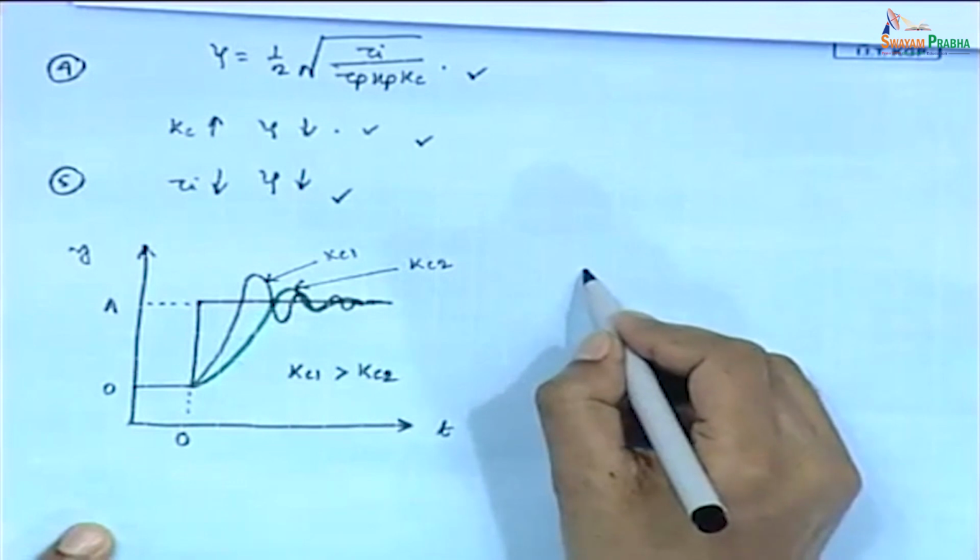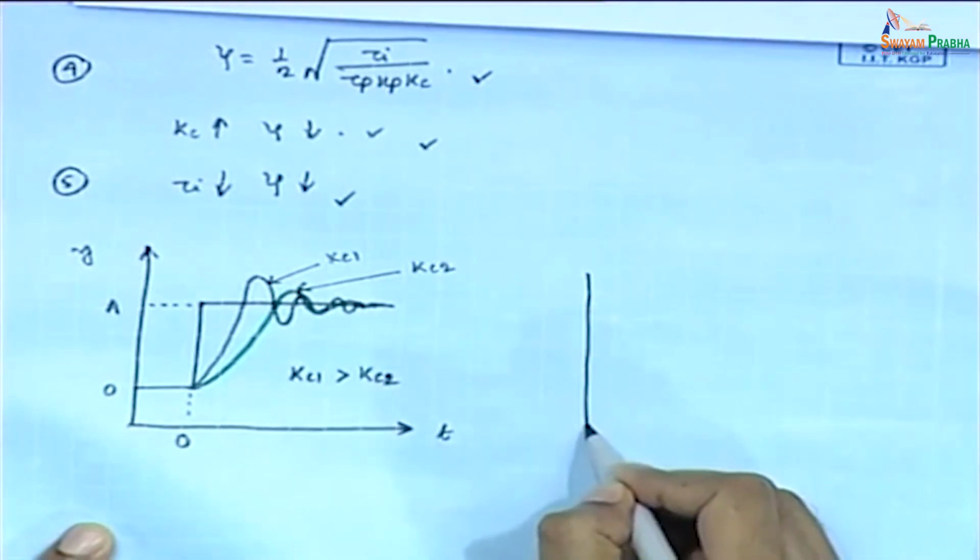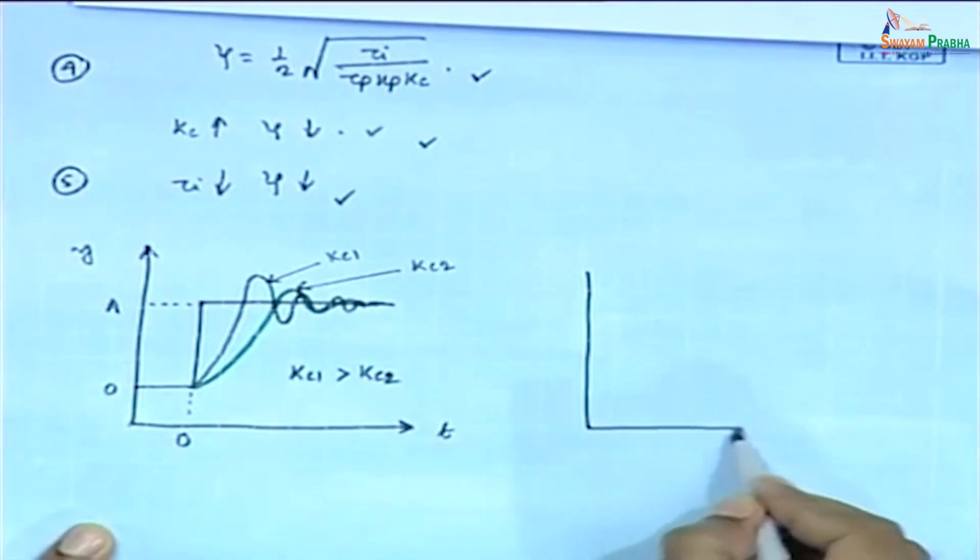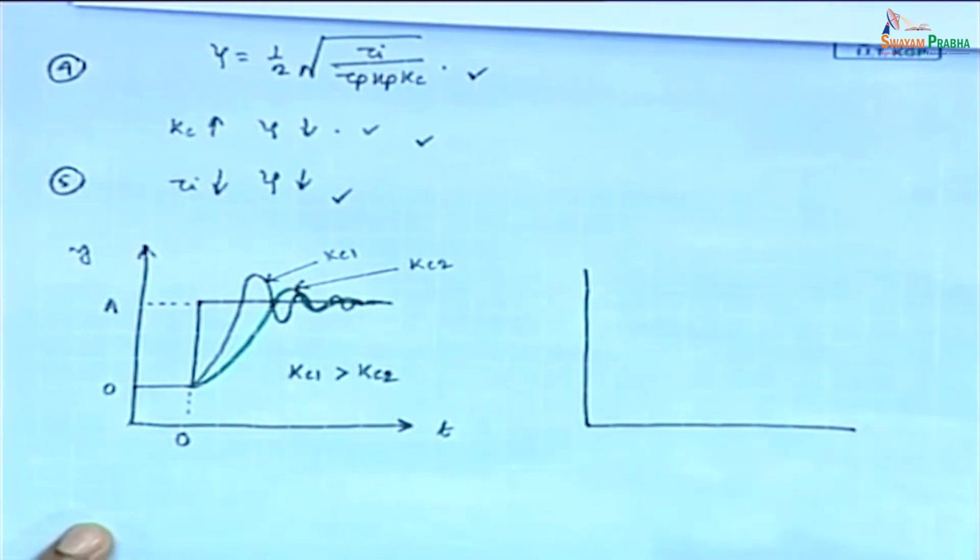Similarly, we will produce the closed loop response based on point 5, that is with the decrease of tau I, zeta decreases. That means with the decrease of tau I, the overall response becomes more oscillatory.